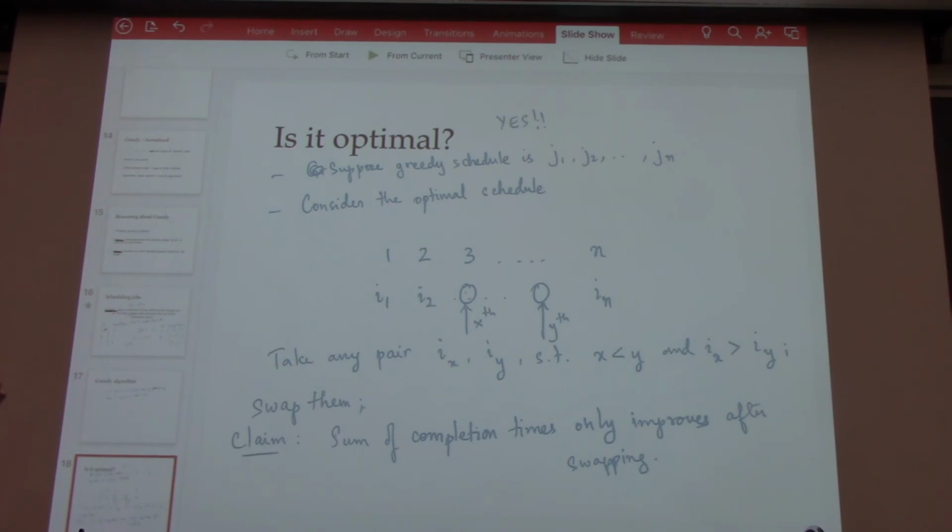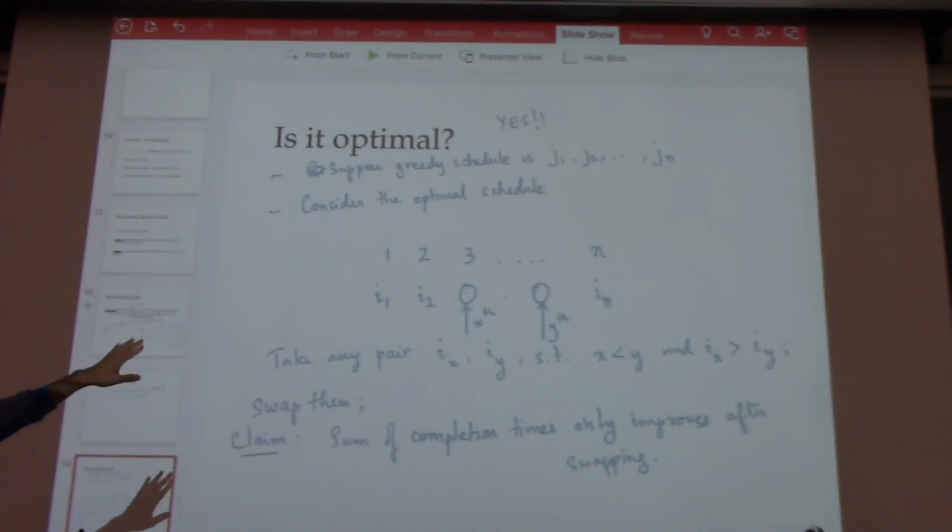And by assumption, the processing time of y was less than the processing time of x. So all those jobs have a smaller contribution to this sum of completion times. And what about the ones after? The ones after remain exactly the same, because no matter what, you're just adding everything before. And that's basically the argument.